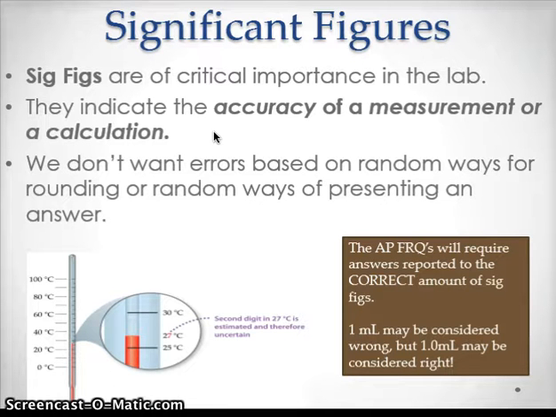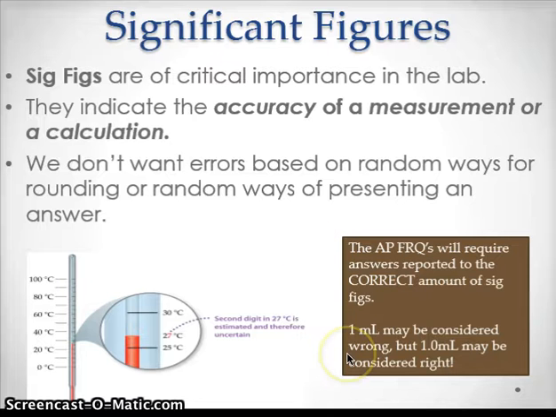Also, when your AP graders grade your free response section, there are 7 FRQ questions on your test, and they're small. Okay, they're not big questions; they're very small. But if you don't round your answer to the correct sig figs, they will dock off points. So if one question is worth 7 points, they're only going to give you 6 points if you get it right, just because you didn't round to the correct amount of sig figs.